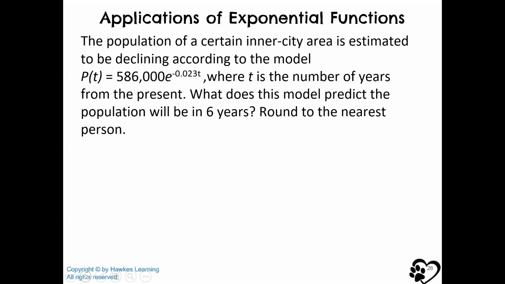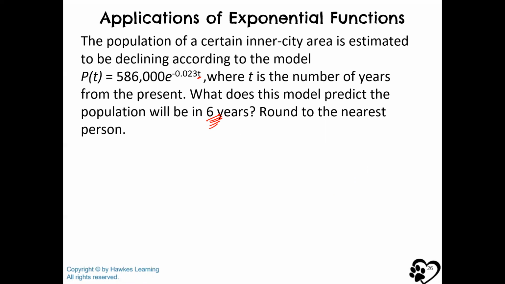All right, the population of a certain inner city area is estimated to be declining according to the model. What does this model predict the population will be in 6 years? There's our time, so t is 6. We're just plugging that straight into our calculator, 586,000. We need that natural e, so we do our second button, the LN button, right underneath our log button, above our pi button.